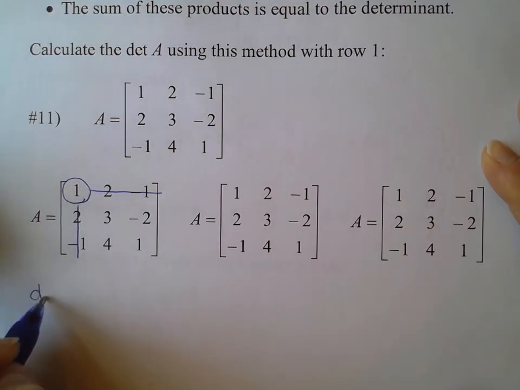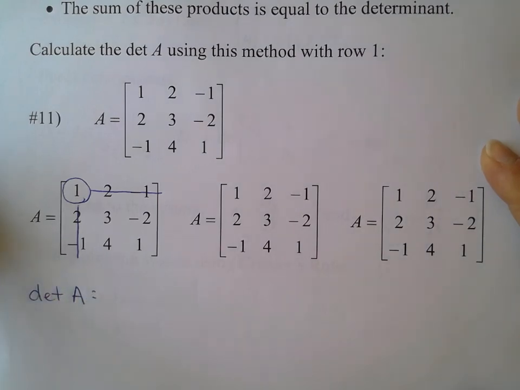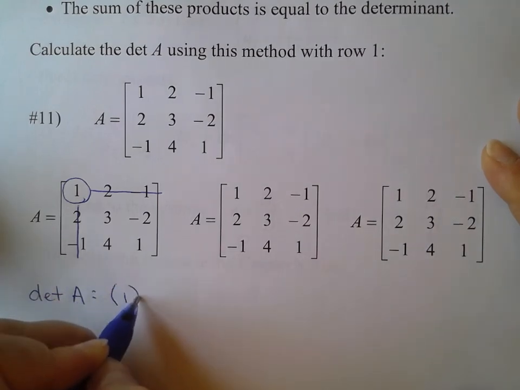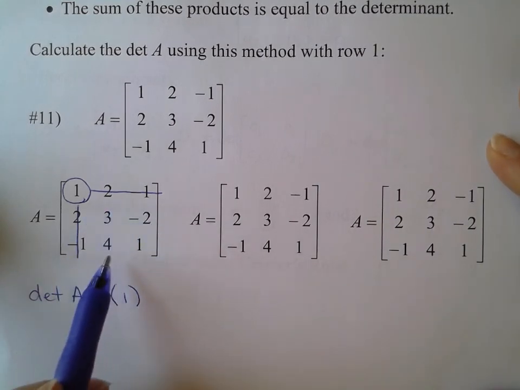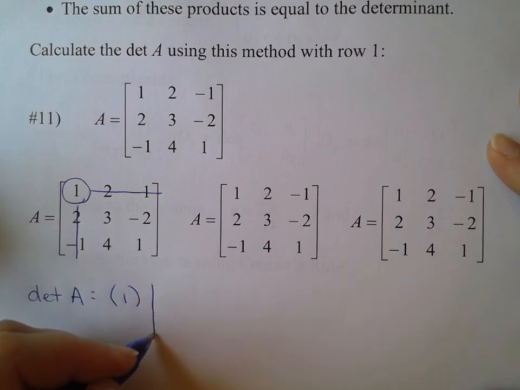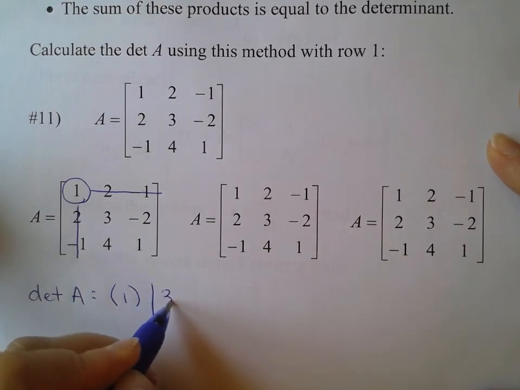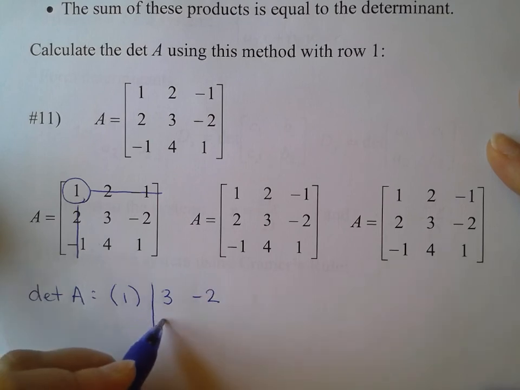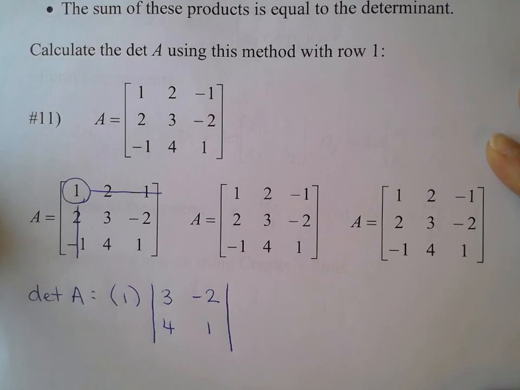Then I'm going to be adding all these things together. So the determinant of A will be that 1 times the determinant of this matrix right here. And I'm going to write that with those absolute value type bars on the side. And then I'm going to do the determinant in a minute, because I want you to understand the process first.